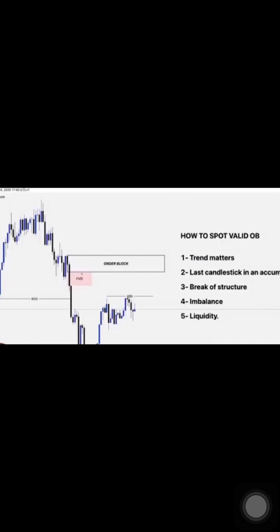If you look at this aggressive movement that went towards a particular direction, you will notice this last candle. Let's just explain it better. As you can see, this particular trend was going down, you understand? Then we had the change of character here.